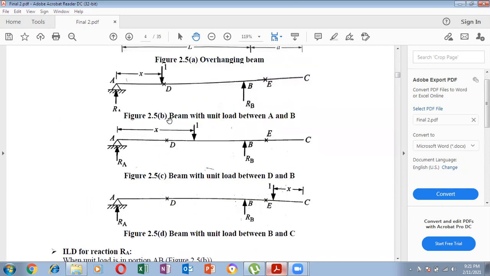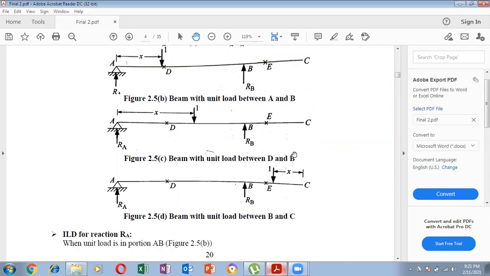Now if the unit load is placed in portion BC, as shown in figure 2.5D, initially the load was considered to be in the span AB. For the next condition, it is placed in the overhanging portion BC.